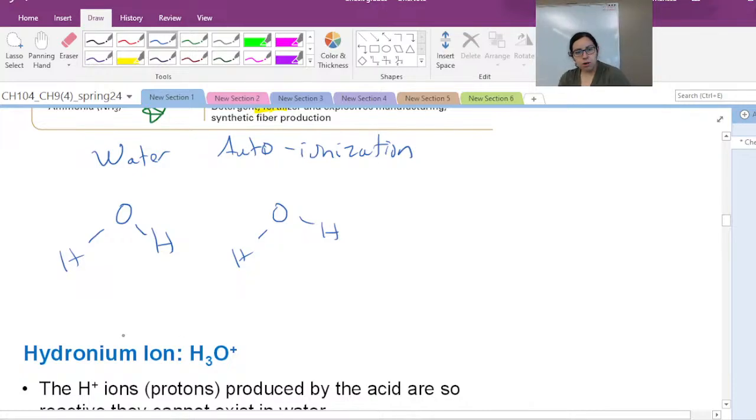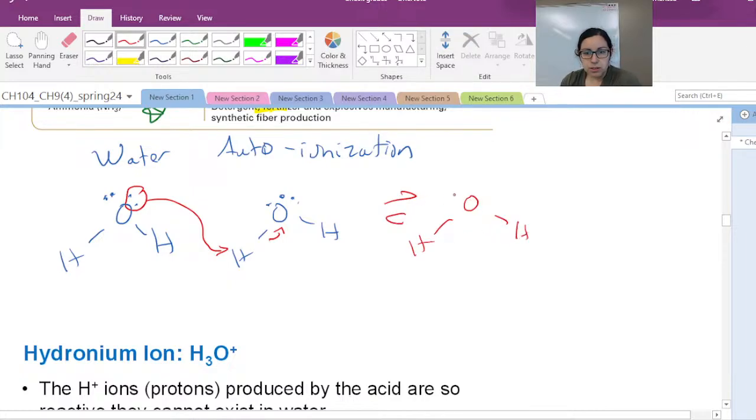Well, we have 2 water molecules that are staring at each other. And then a small percentage of them can become ionized. And we'll just have, so this oxygen is going to attack our other water, deprotonating it. And so this forms our hydronium ion, which is our H3O+, but we're going to learn that basically we still just abbreviate it as H+.